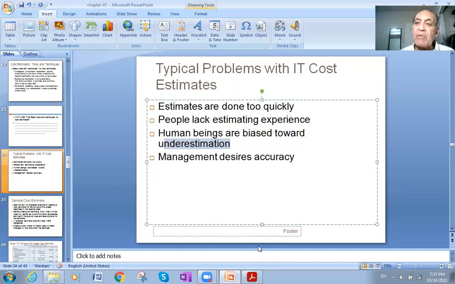So people usually bring their estimations down. They don't put exactly how it would be, but when they estimate the cost, they estimate it lower than what it should be. Management deserves accuracy also, and this is another point, that management needs more accuracy.